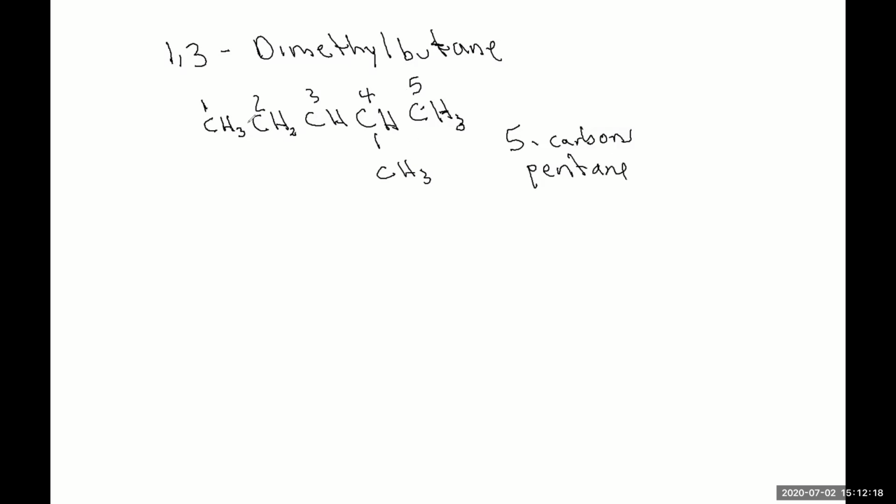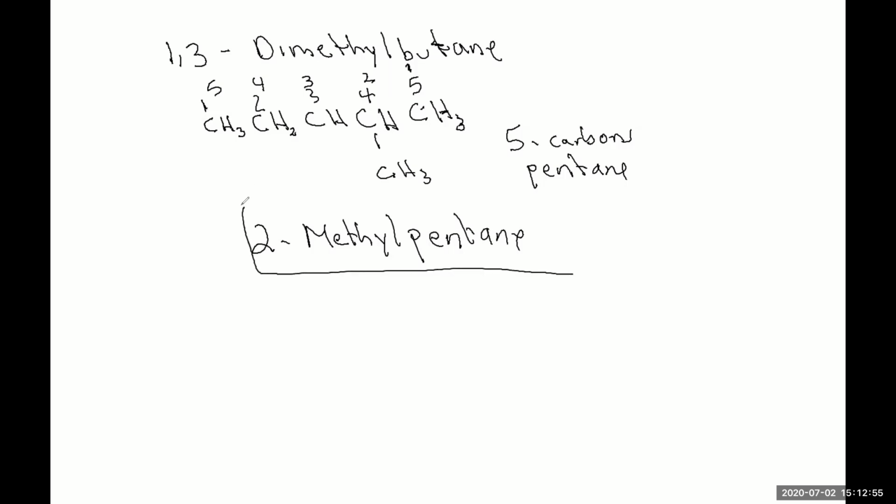But if we number it from left to right, then we would have a 4 on the methyl group. So remember, we number it so that the substituent coming off the main chain has the lowest number. So the proper name then would be 2-methylpentane.